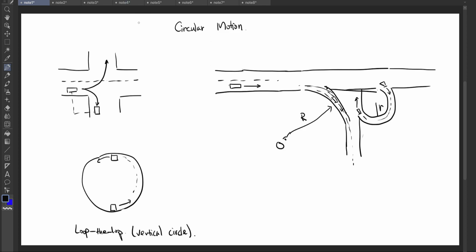And today we're going to focus on so-called uniform circular motion. We'll define that later on. And of course, corresponding to this uniform circular motion, there's a non-uniform circular motion.